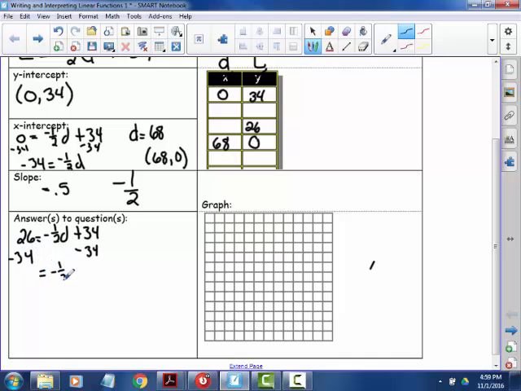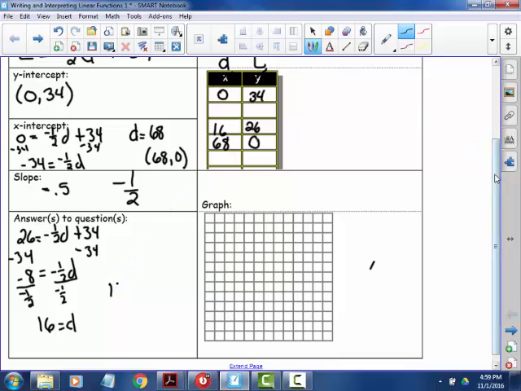That would give us negative 8. And then we would divide by negative 1/2, multiply by negative 2. So that's going to give us 16 equals D. So 16 days.